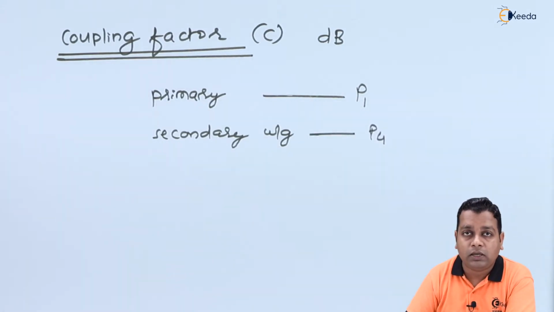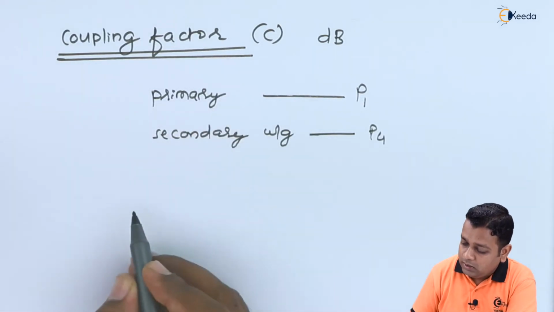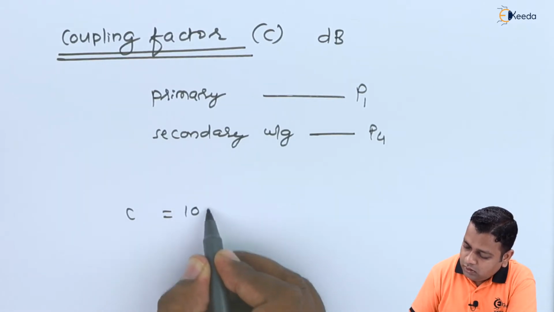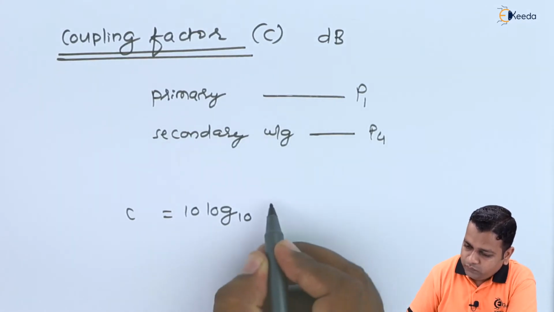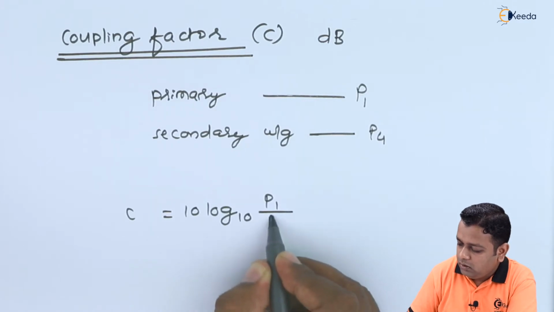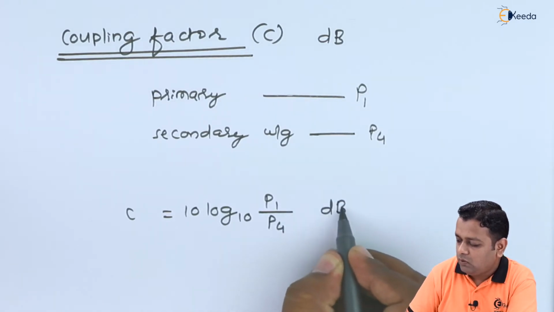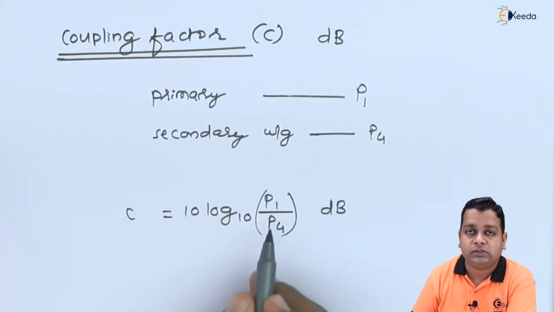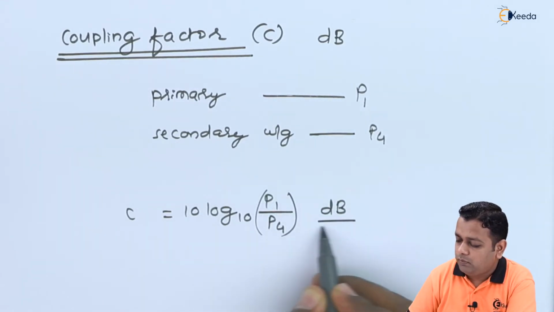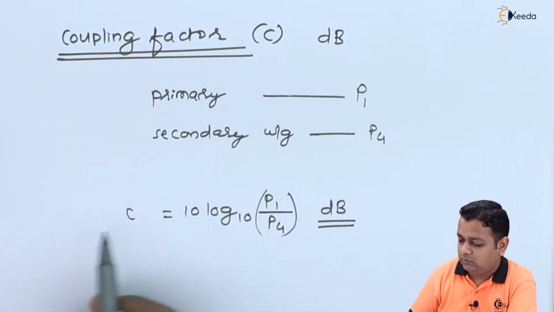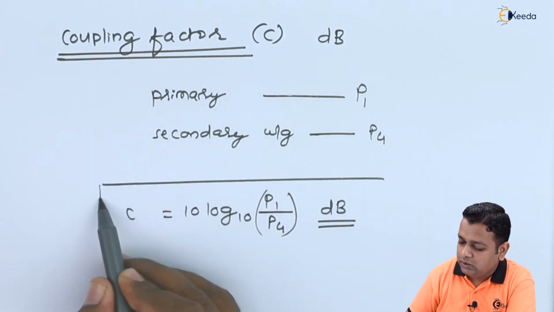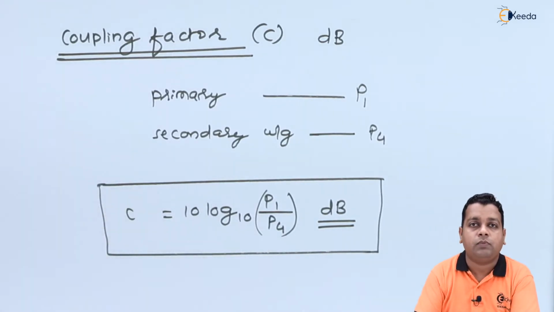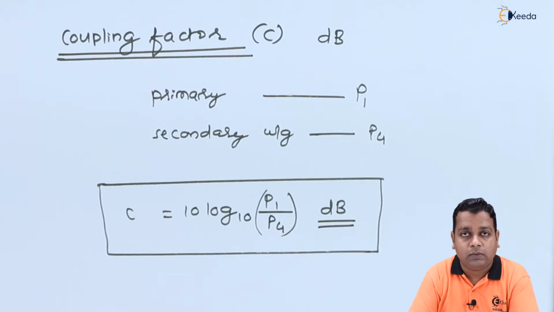Therefore, the mathematical representation of the coupling factor is capital C equals 10 log to the base 10 of the ratio P1 by P4. As we have 10 log to the base 10 for this ratio, we express the coupling factor in decibels. I outline this formulation because it will be very helpful for making computations in problems based on the directional coupler.